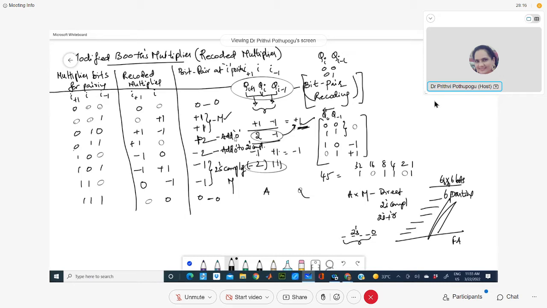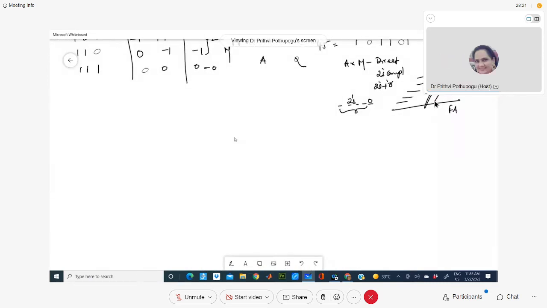Okay, okay, ma'am. I'll give you a flow chart sort of thing. So taking n number, n is the number of bits in the magnitude or the value.